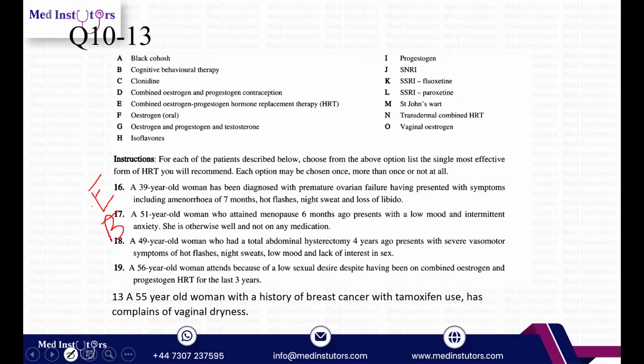Your clincher here is total abdominal hysterectomy.